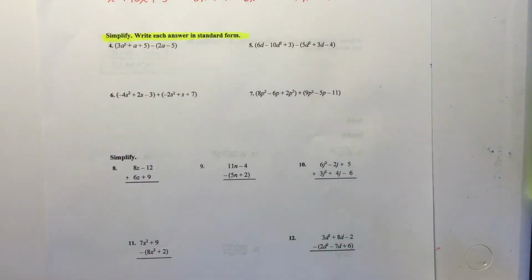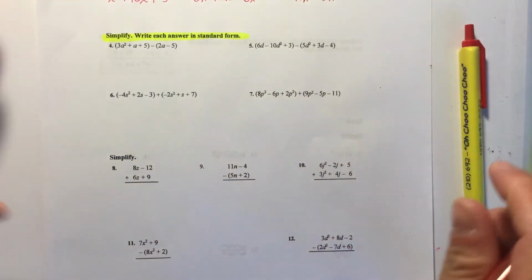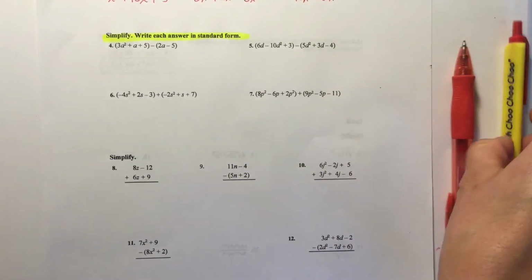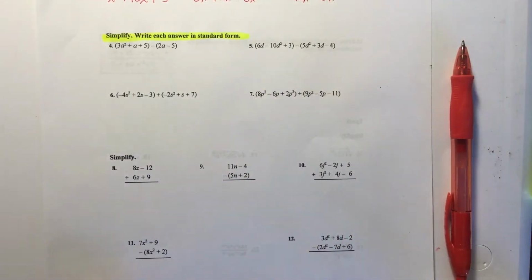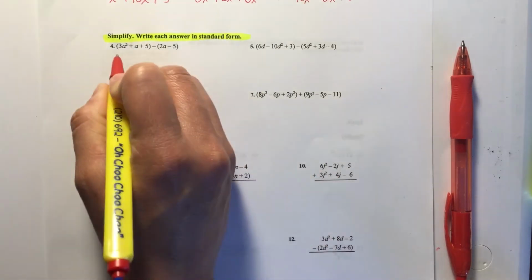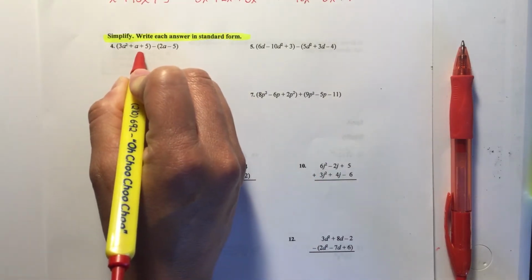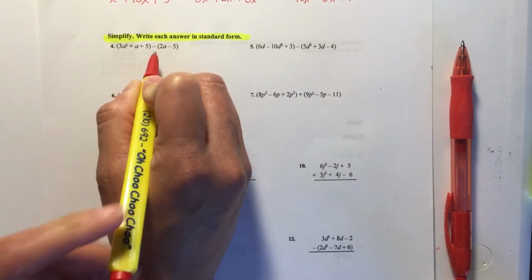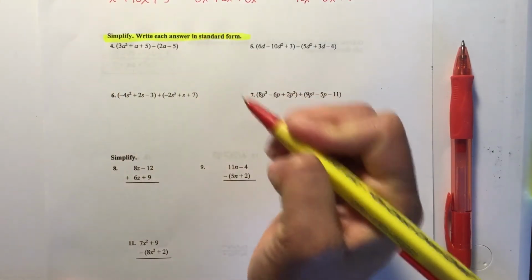answer in standard form. So when we simplify, depending on the problem, you're going to combine like terms, and if it's a minus sign, you need to distribute the negative. So on number 4, you have 3a plus 5 minus 2a minus 5.